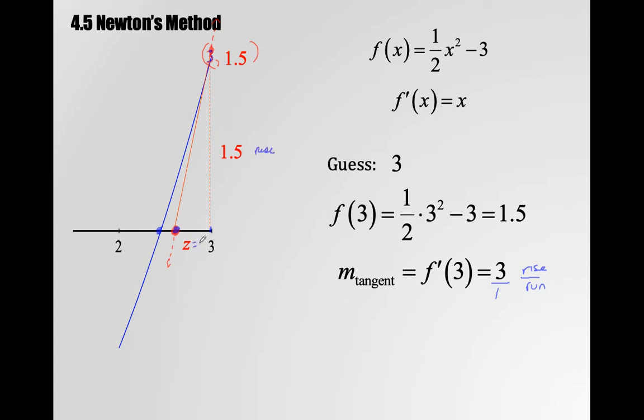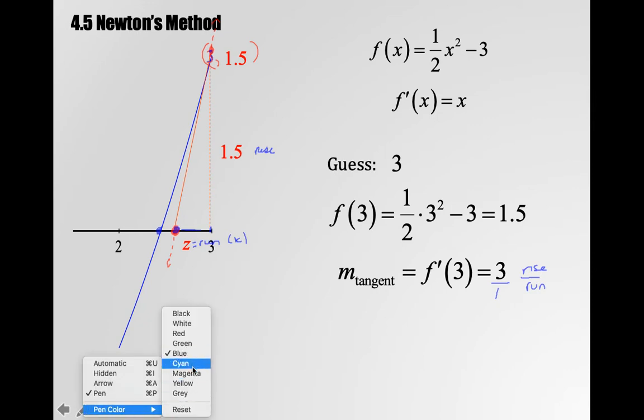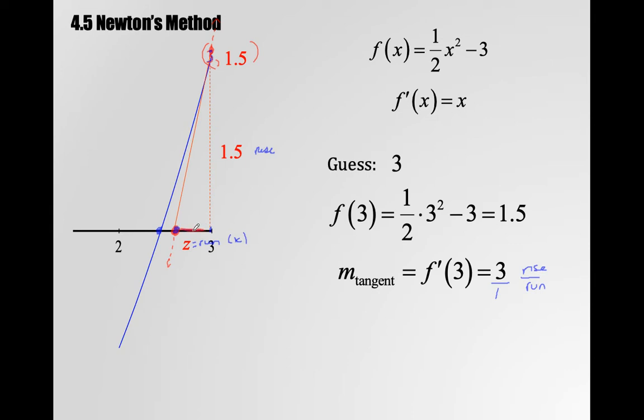over run. And remember, run is an x issue. I just called that z. I called that run z because I have too many x's happening already. But I need you to understand that the z is your run, which is an x issue. Rise is a y issue because slope is rise over run, right?